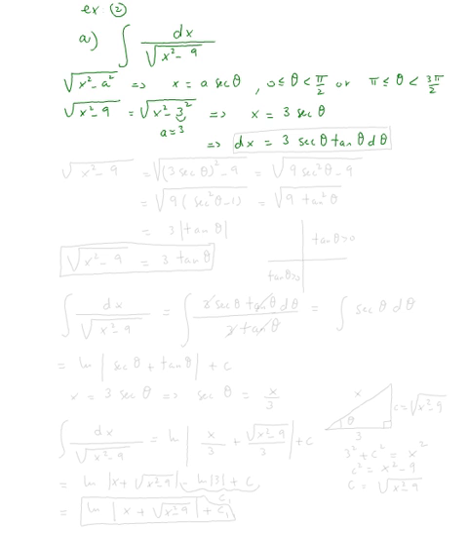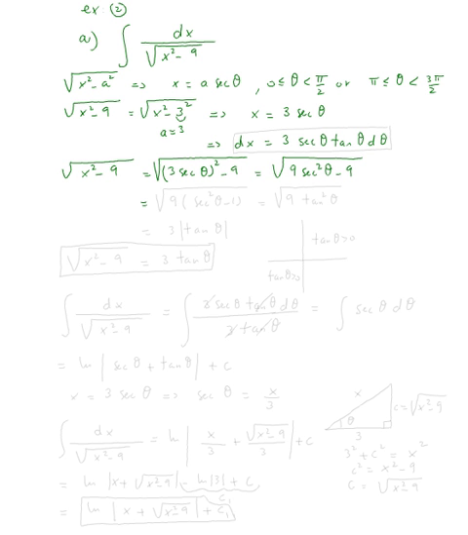Now we need to calculate the square root of x squared minus 9, and that is 3 secant theta everything squared minus 9, and then you want the square root of the whole thing, which is equal to radical of 9 secant squared theta minus 9.